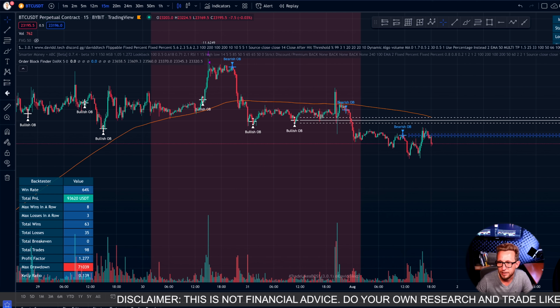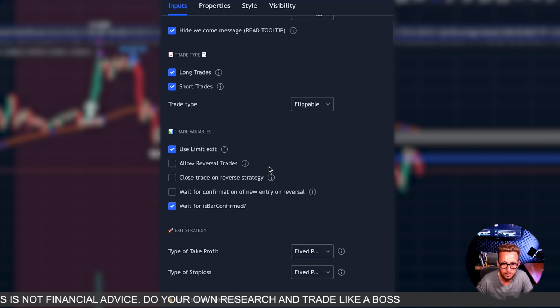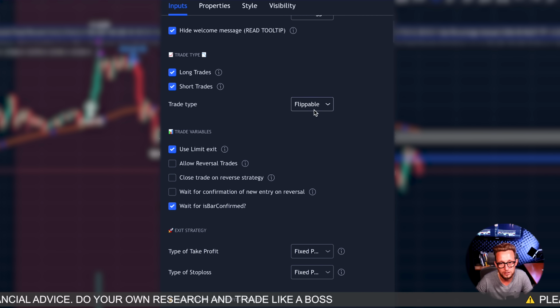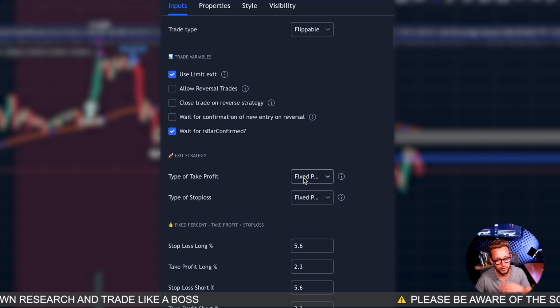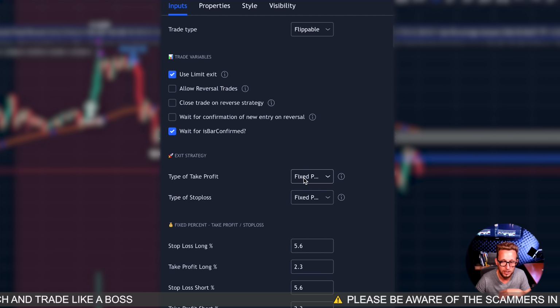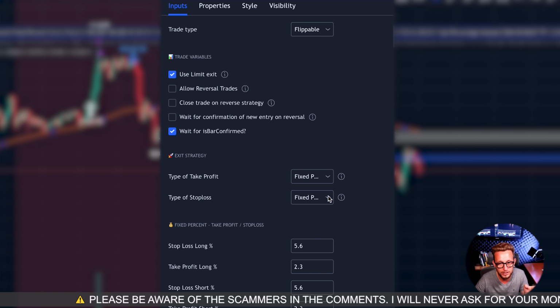So let's have a look at the actual trading strategy and the results that it's getting. All I've done is start this new trading type called flippable, which allows us to pretty much ignore the stop losses and take profits. It only takes profit as a new entry comes in, but it does have those protective stop losses and take profits there just in case.